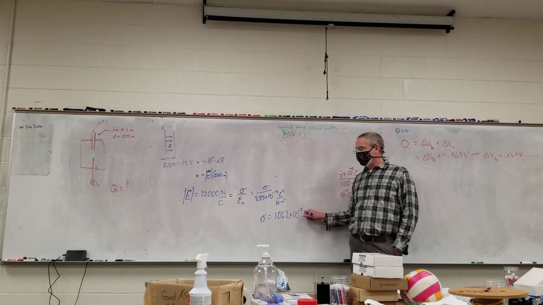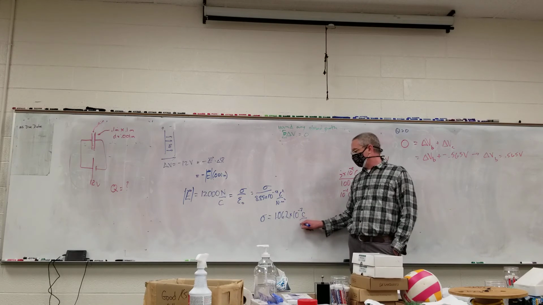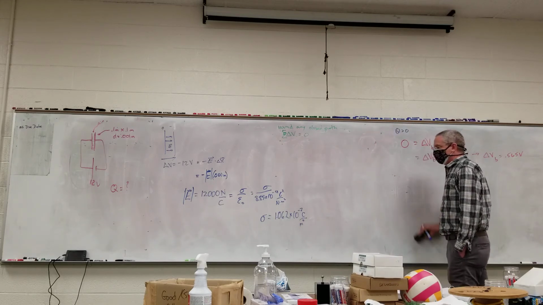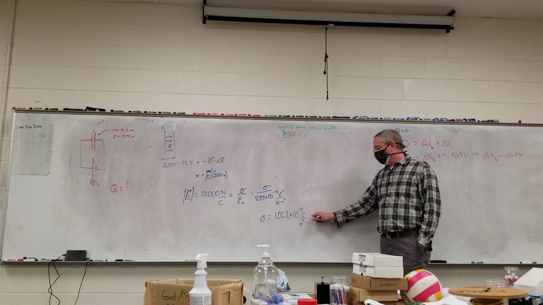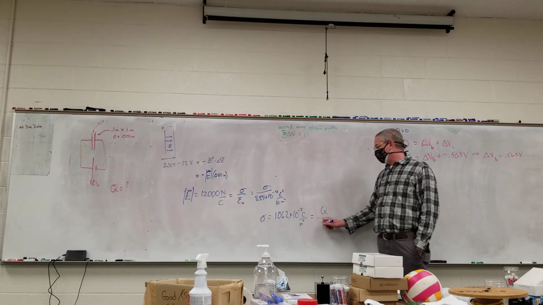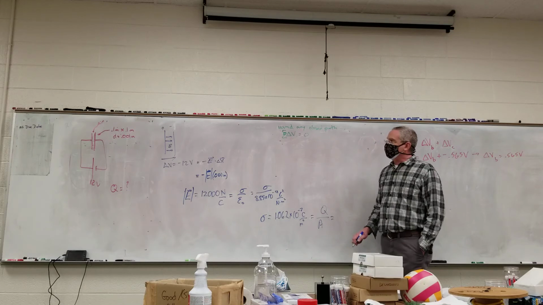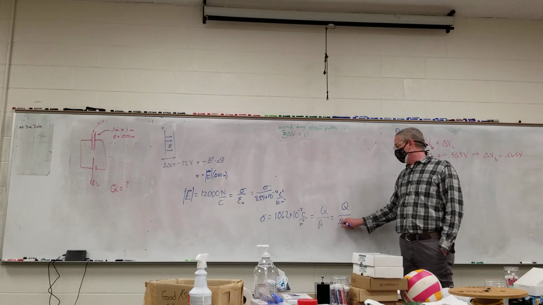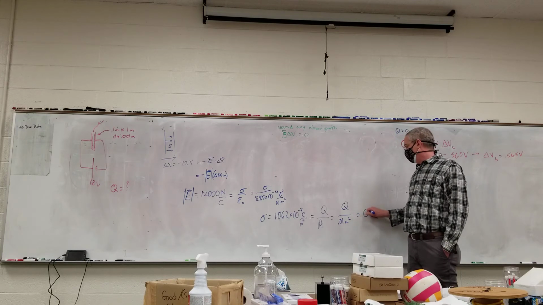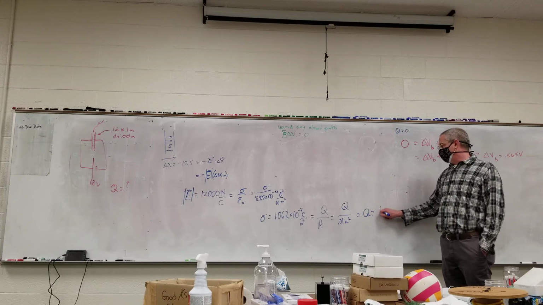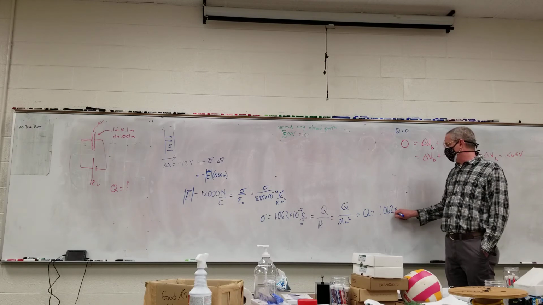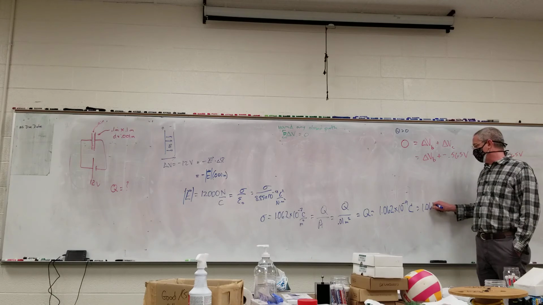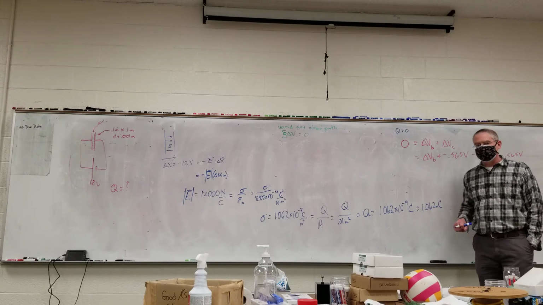Is it coulombs over meter squared? Yep. And that, as Precious mentioned earlier, is just Q divided by the area. And the area of the plates, that's Q divided by 0.01 square meters. And so Q becomes 1.062 times 10 to the negative 9th coulombs, or 1.062 nanocoulombs.